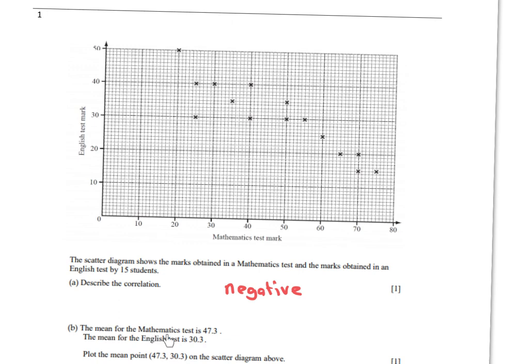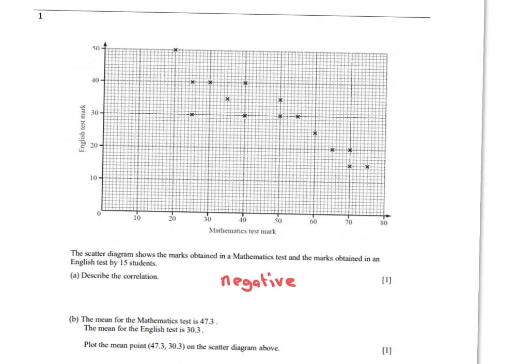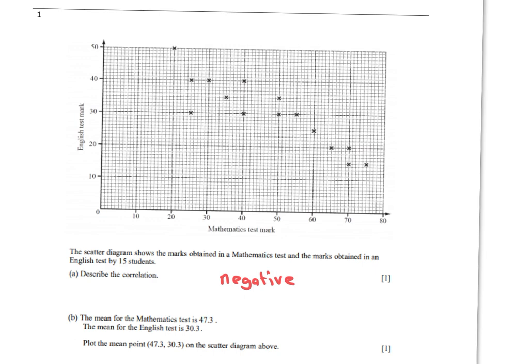The mean for the mathematics test is 47.3 and the mean for the English test is 30.3. Plot the mean point, 47 and 30.3, on the scatter diagram. So 47 for math and 30.3 for English.